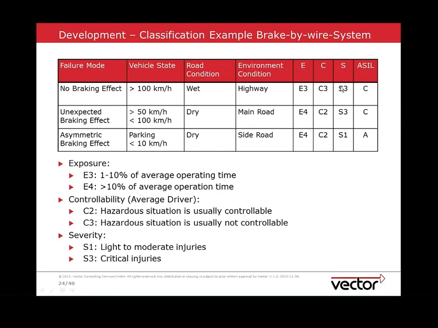The severity, given the speed on the highway, is rather high, and we run up into a high ASIL classification. Now, on the other side, if we go with a very slow speed, like in parking, and look at the failure mode of an asymmetric braking on a dry road, which has not much traffic, we can immediately see that also the exposure is very high.